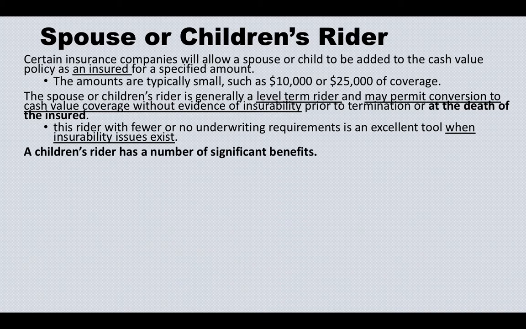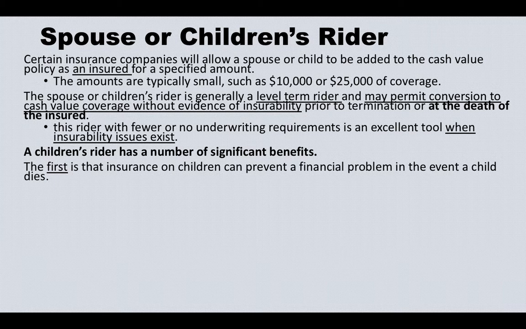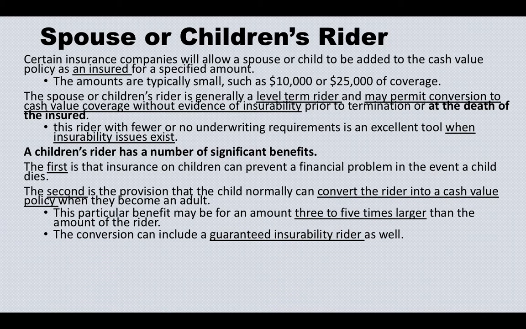The children rider has a number of significant benefits. The first is that insurance on children can prevent financial problems in the event a child dies. First of all, I don't understand why you would get life insurance on a child, but anyway, that's what they said.